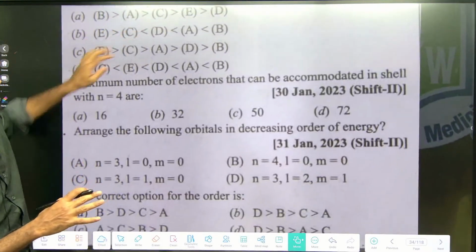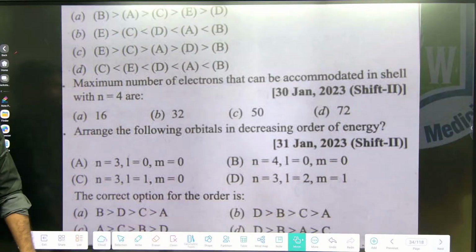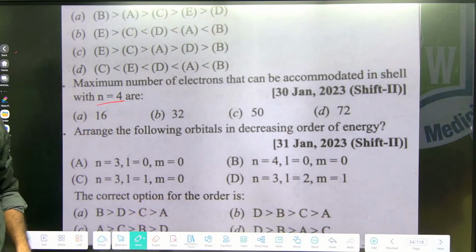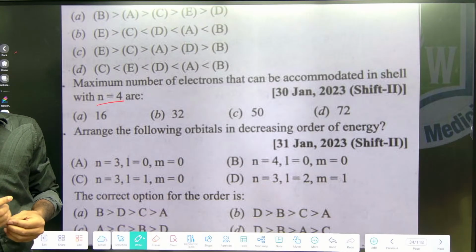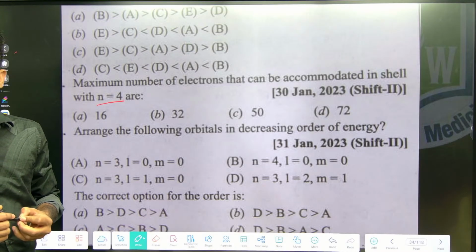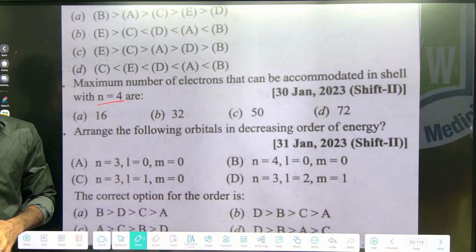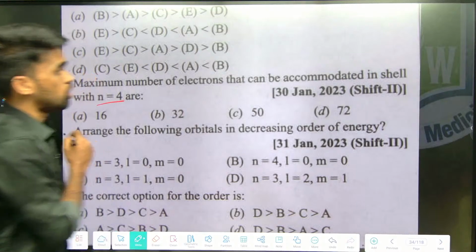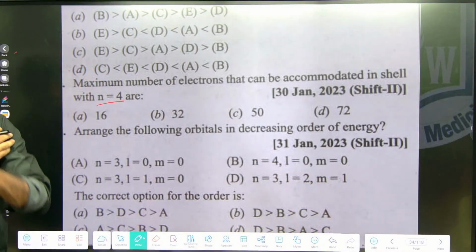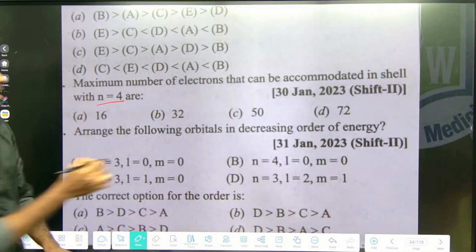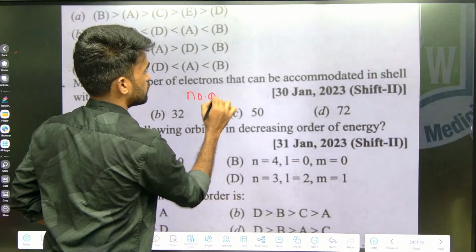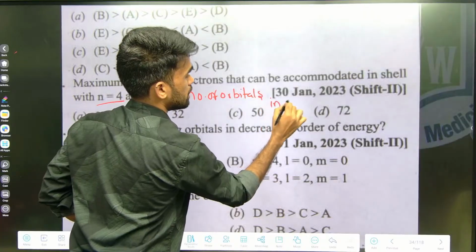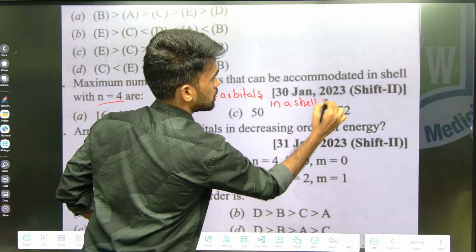Next. Maximum number of electrons that can be accommodated in a shell with n equals 4. What I told you the formula? 2n square. Perfect. Now I am adding two formulas here. Number of orbitals in a shell is equal to n square.